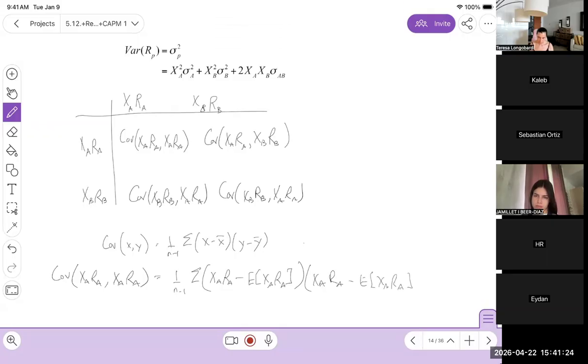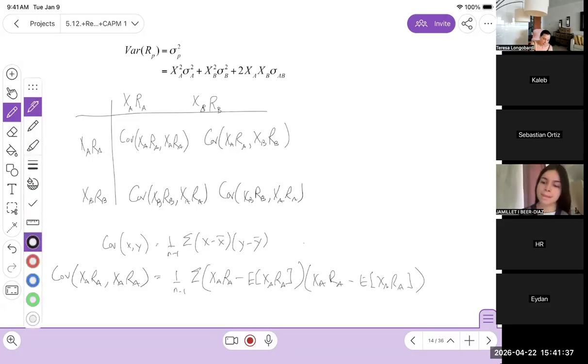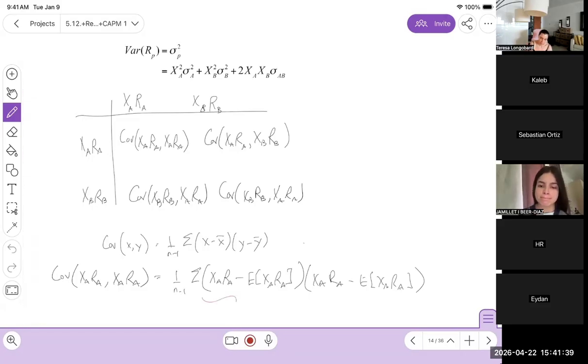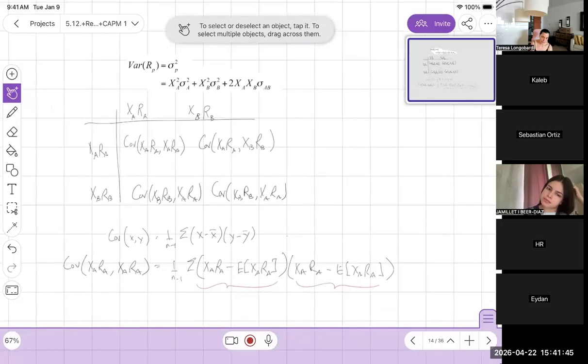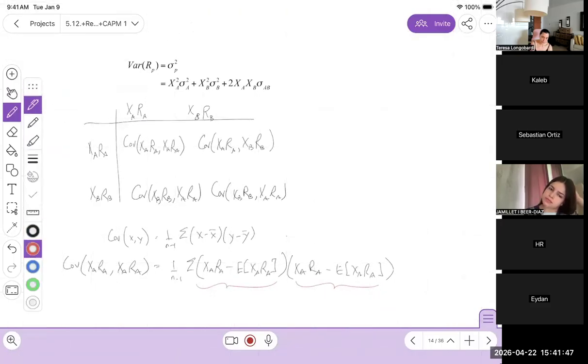All right, so how do I simplify this? What can I do to make it look like something more familiar? I can factor out the scalar XA. Are you guys awake?